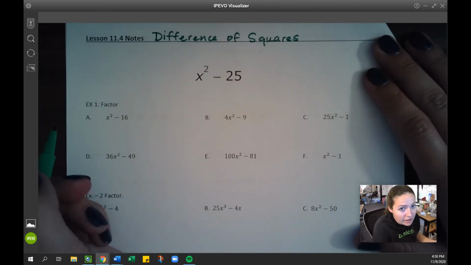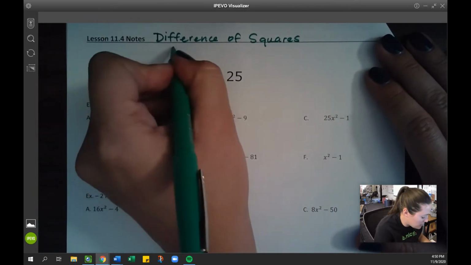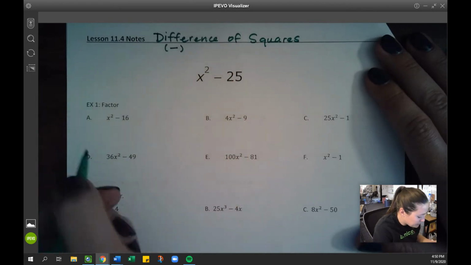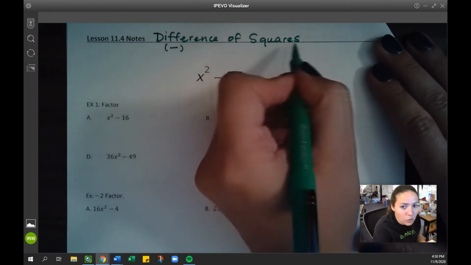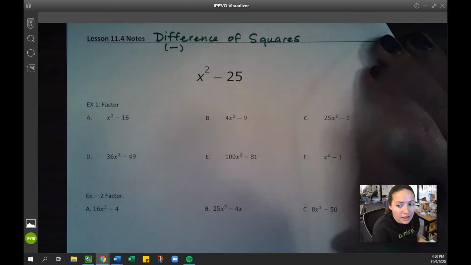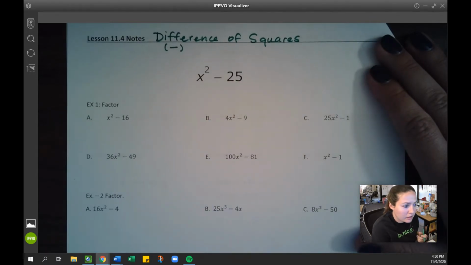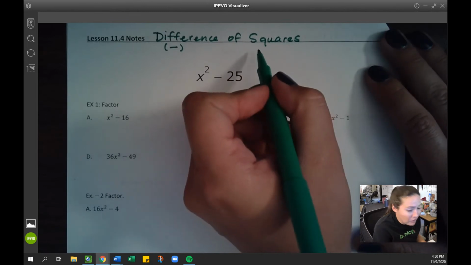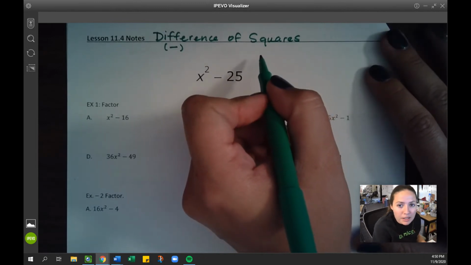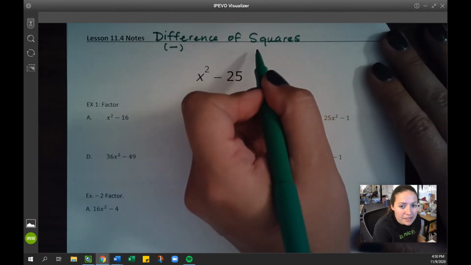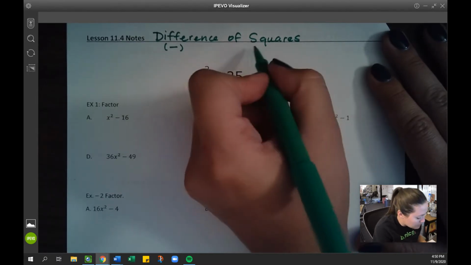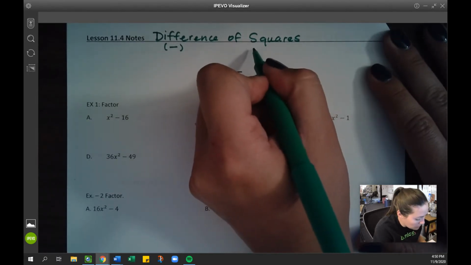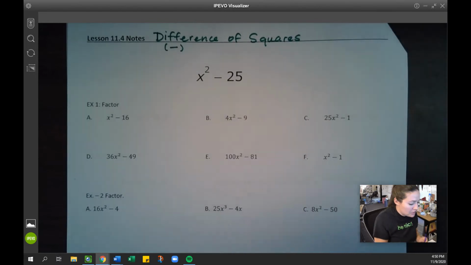Now, in math, the word difference means subtraction, and squares means a four-sided shape. But if you remember, when we first started talking about exponents, we talked about a list of perfect squares. So squares refers to that list of numbers.